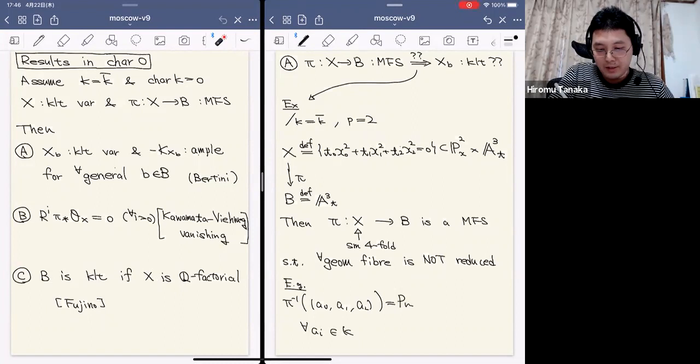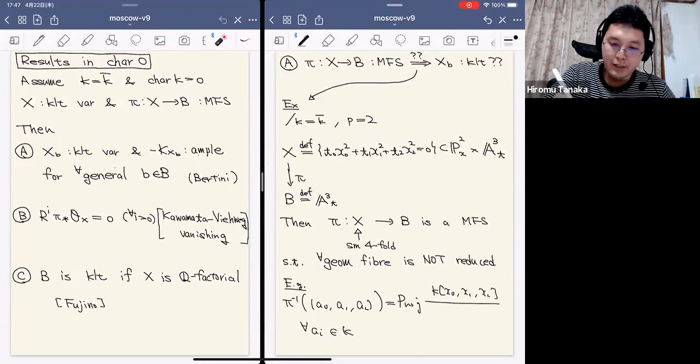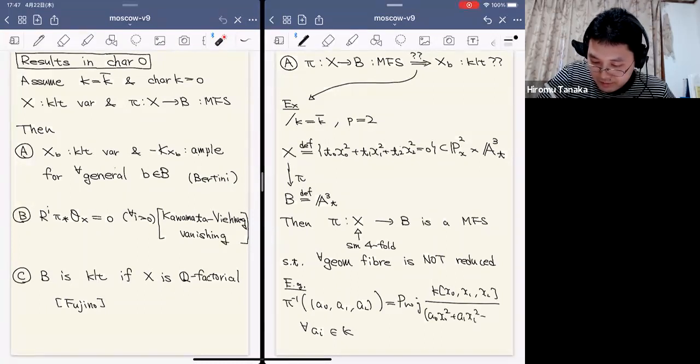Then the fiber is a conic curve, which is obtained by replacing this T by a, so T becomes a. So the equation becomes like this. But in characteristic 2, this is not reduced because we have this equation.